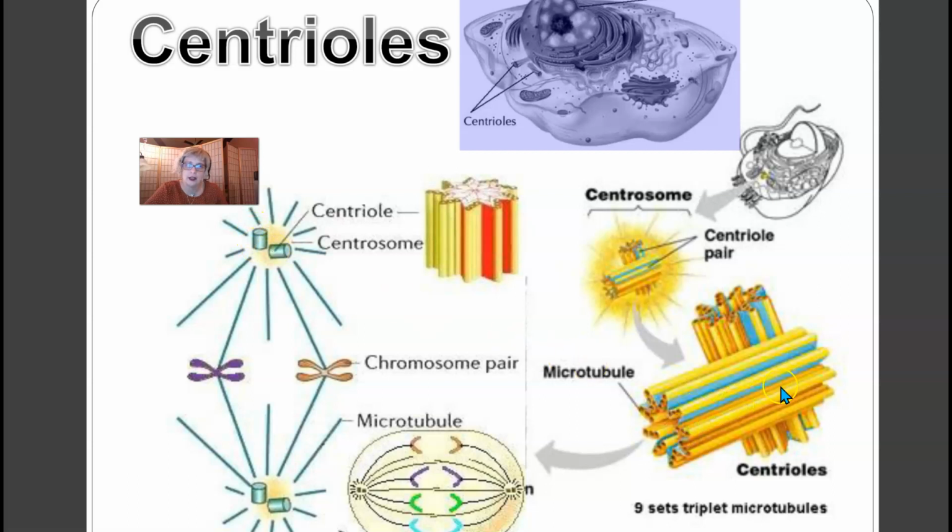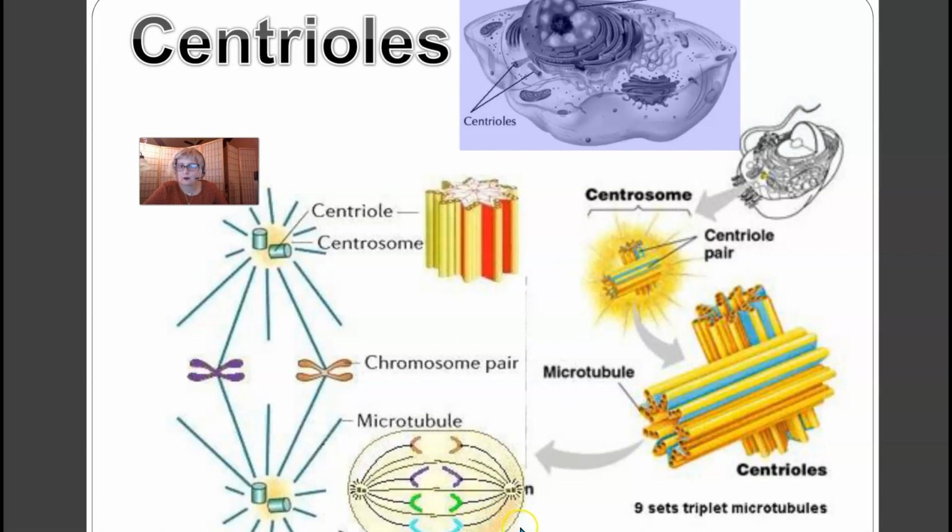The centrioles come as a pair, and like I said, the pair together make up this whole section called the centrosome. And the region, the centrosome with the centrioles, will form these spindles, and when it comes time for cell division, we will see the spindle form, and it allows the chromosomes, these are the chromosomes, to move.